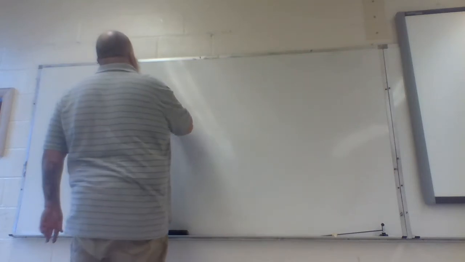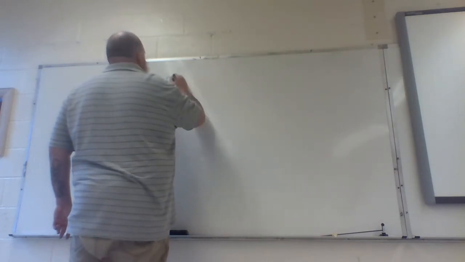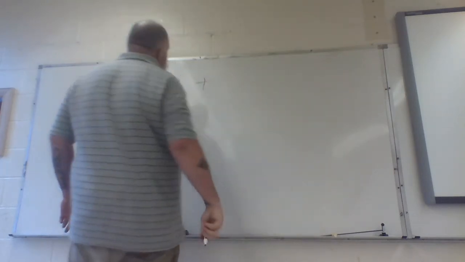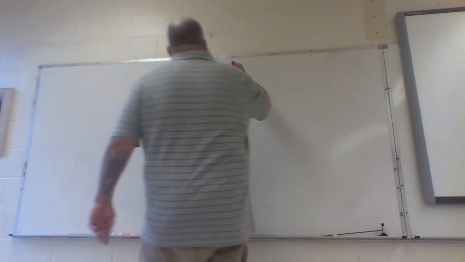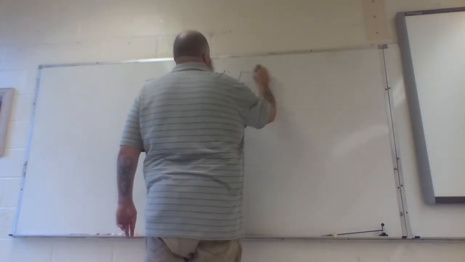So just to start it out, let's do 7 times the square root of 2 plus 5 times the square root of 2.